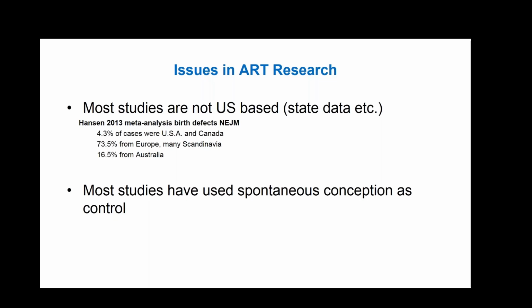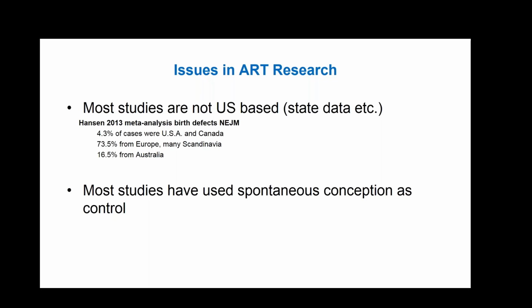While this research is obviously extremely valuable, there's more ART performed in the US than in many of these other countries. And yet the US is underrepresented in the research. A good example of this underrepresentation is found by looking at the countries from which studies included in a meta-analysis by Hansen et al. on congenital malformations in 2014 was done.